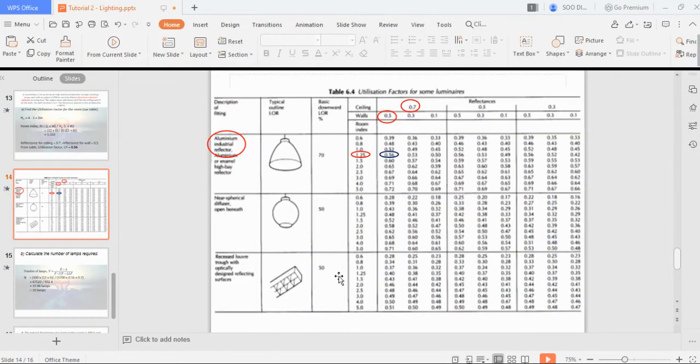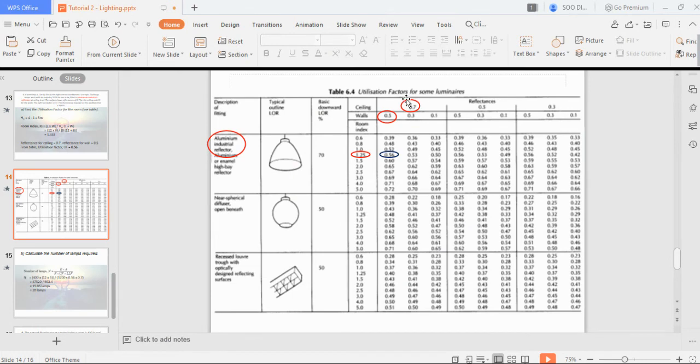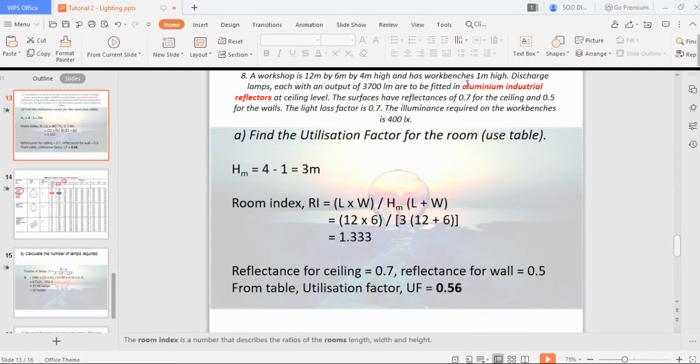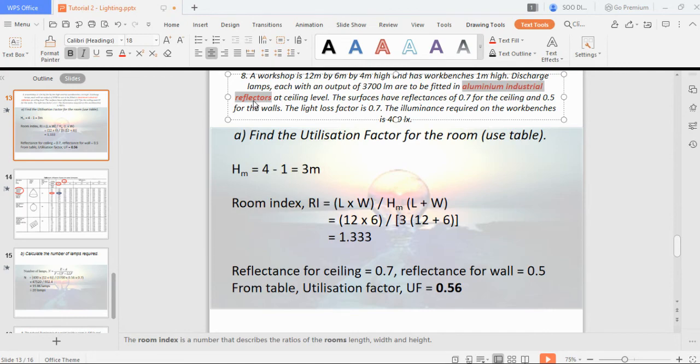Based on table 6.4, utilization factor for some luminaires, you know that your reflectance for the ceiling is 0.7 and the reflectance for the wall is 0.5, and given your RI is 1.33, so you know it's around here. Then for the description of the fitting, your lighting fittings are equipped with the aluminium industrial reflector.